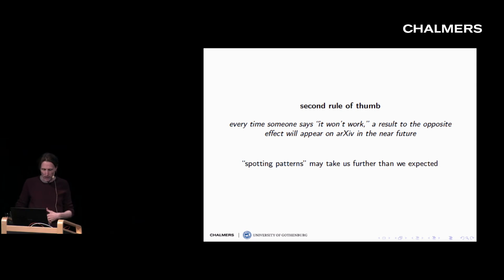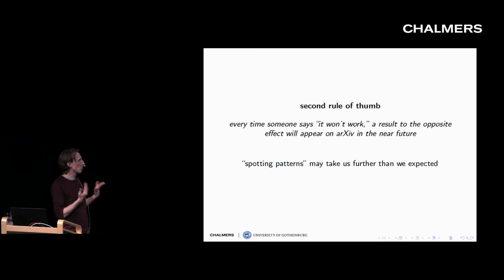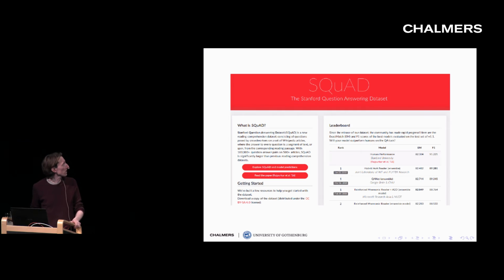So what is going on? Can we actually build systems that understand what is going on? Does this contradict what I just said? Well, I'm not sure. As I said, probably it's more the fact that we can spot patterns in a more general sense. Let me take a concrete example. Recently there has been a test set published by Stanford for the task of reading comprehension.